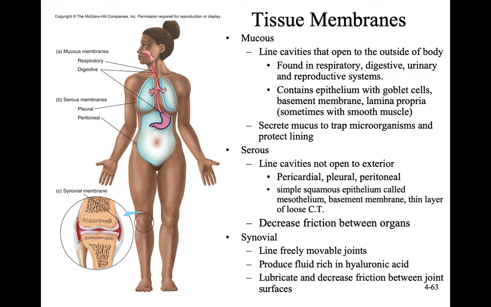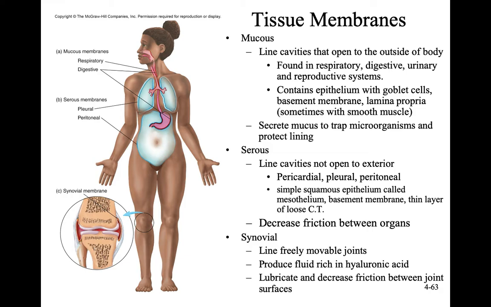Now, the next type of tissue membrane is serous, and serous actually covers the inside of cavities, and we've sort of touched on this already. So we had the abdominopelvic cavity with the peritoneal membrane around it. We have the one surrounding the lungs, which is the pleural membrane, pleural serous lining, and then we have one surrounding the heart that was the pericardial serous lining.